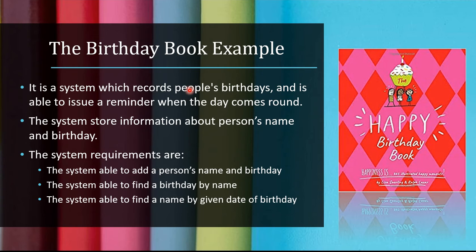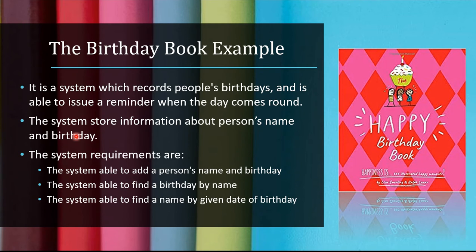A very simple example: the person's name and its birthday. If we divide our system, what structure do we need for modeling it? We need to define and declare these two types, the person name and the birthday date. This is the first one.